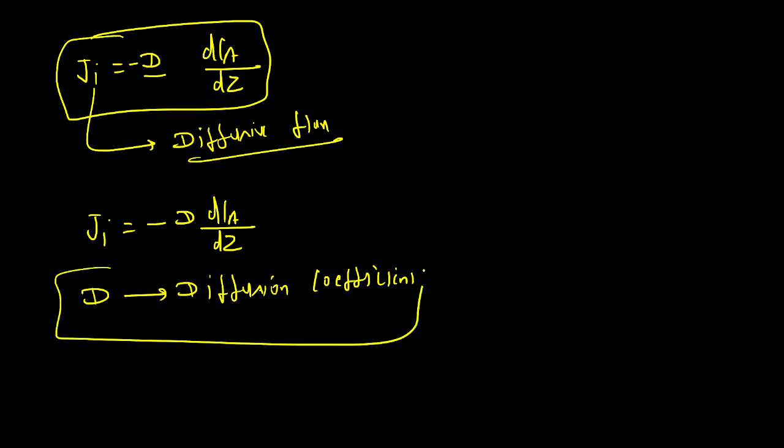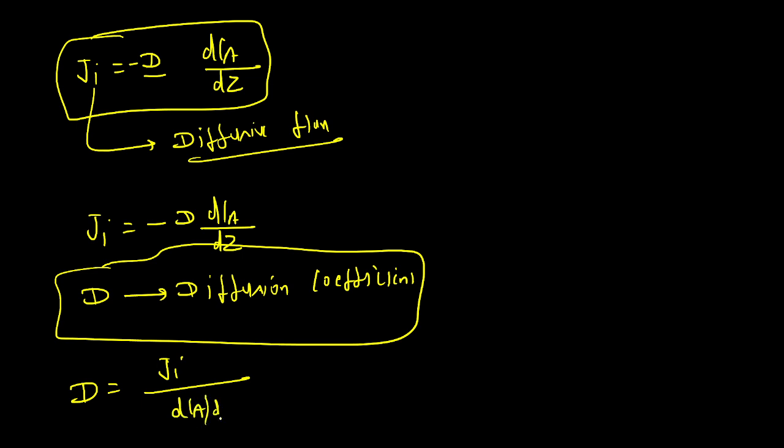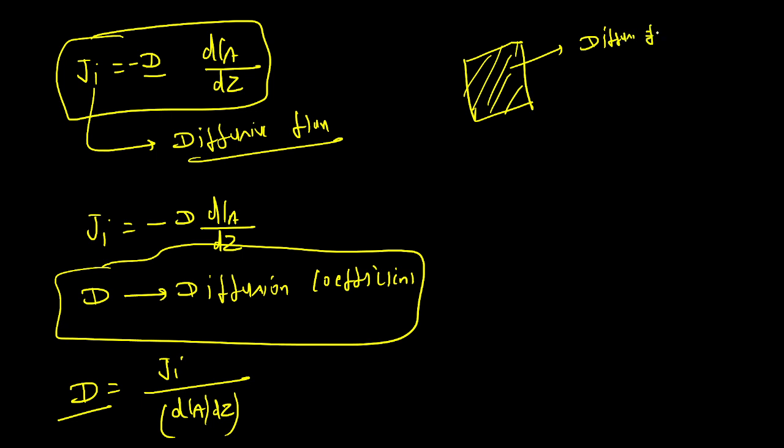So what does it mean? How can you define the diffusion coefficient? It's something that you should know. If we want to write D, that is equal to Ji upon dCA upon dz. So can we define diffusion flux, that is, for any particular cross section, if our diffusive flux is equal to 1 per unit concentration gradient?